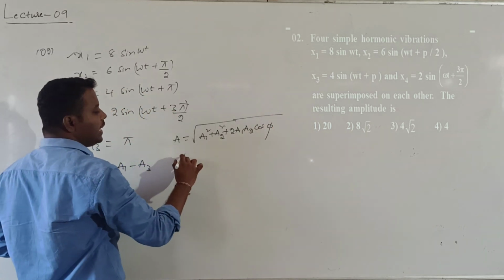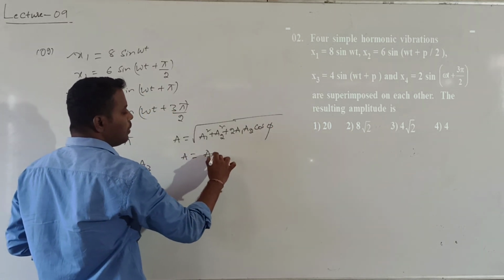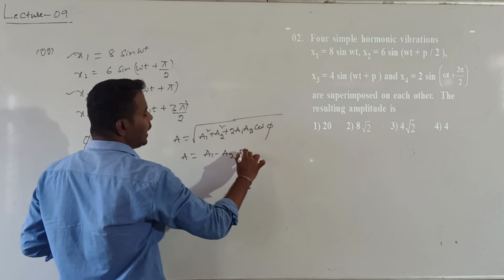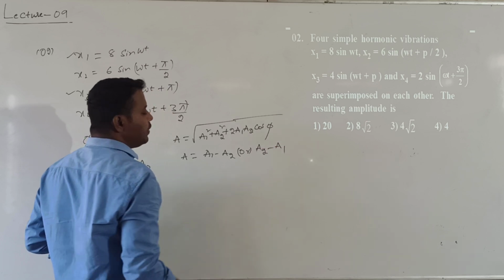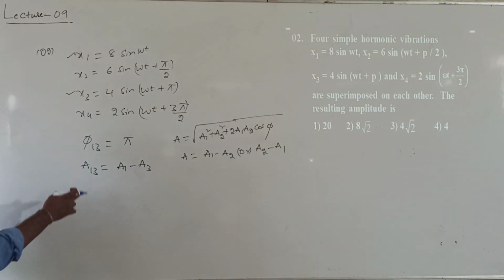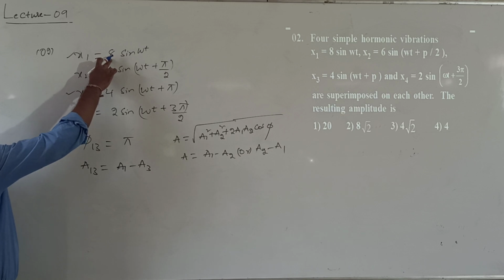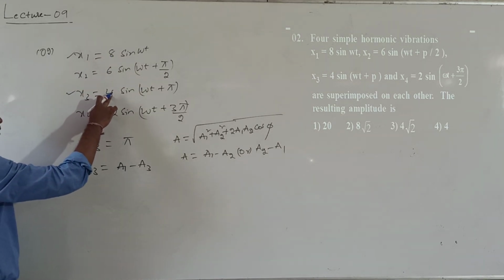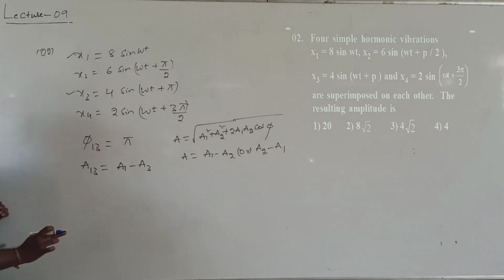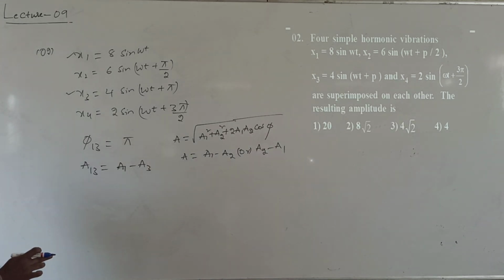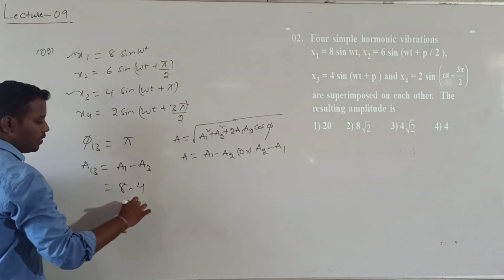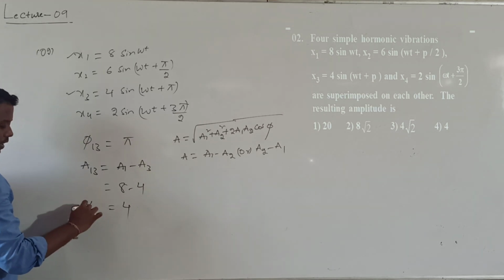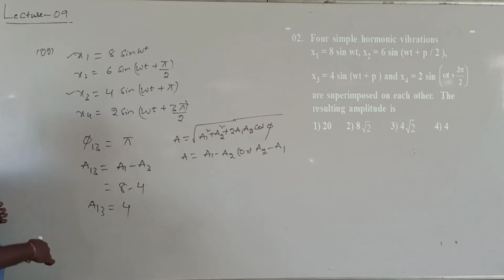Whenever phi value is 180, the value is A1 minus A2 or A2 minus A1. We get A1 minus A2 if A1 is greater than A2. So since A1 is 8 and A3 is 4, A1 minus A3 is 8 minus 4. So how much did I get? 4. That is the value of A13.